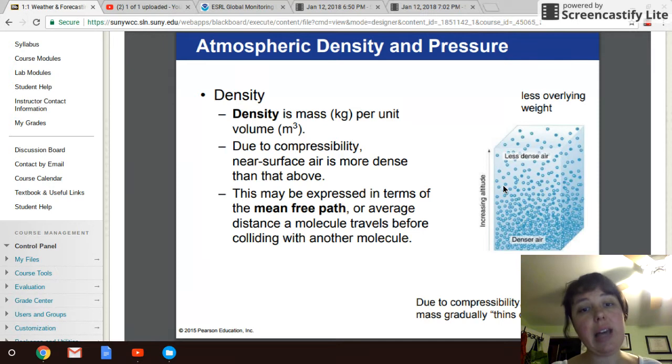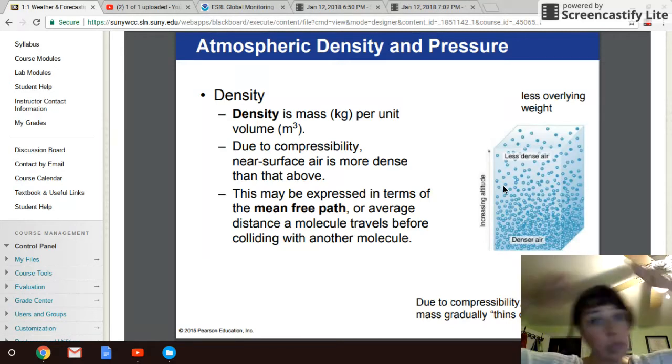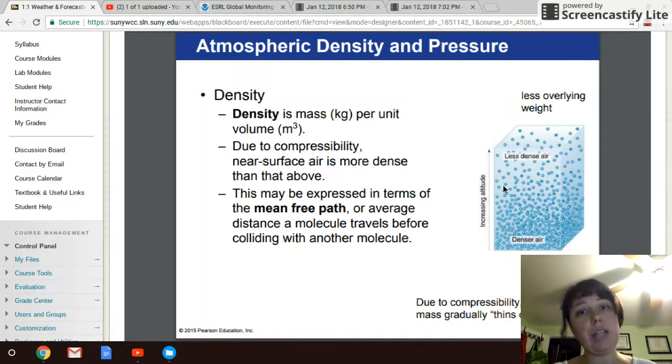That means that as I go up in the atmosphere, the density decreases. So as I increase in altitude, I decrease in density. Now, density of the air particles is just a measure of pressure. Pressure is basically telling me how many air particles are exerting their force down on me. And obviously, as I increase in altitude, I will have less particles above me and therefore less pressure.